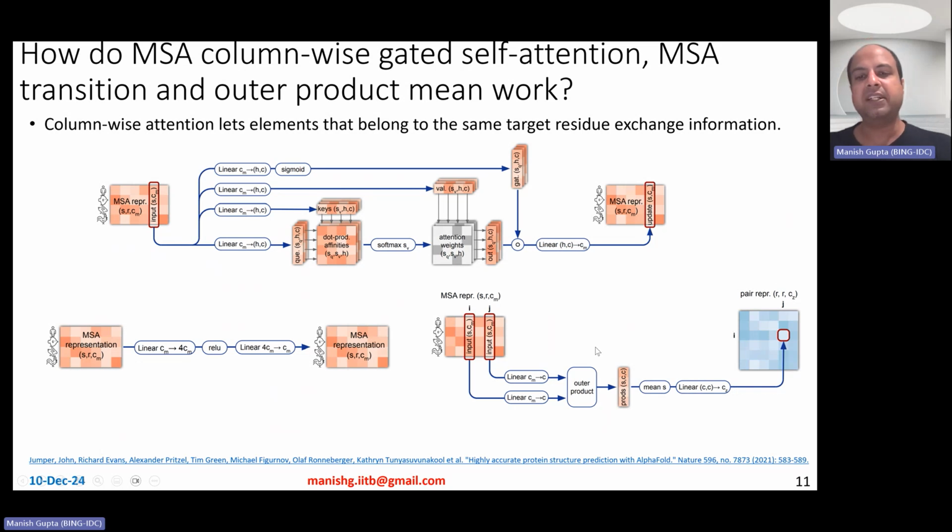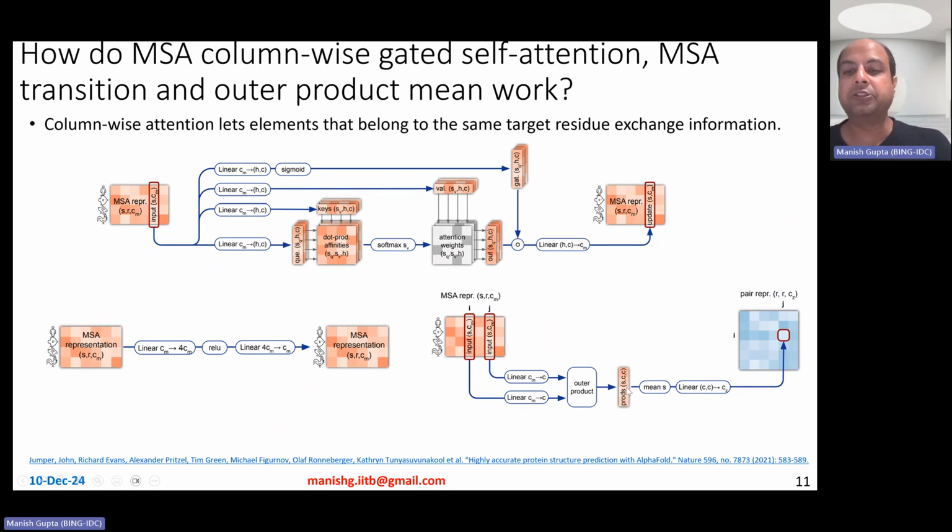You take these two columns, i and j, and remember the dimensionality is S cross R cross CM. You project the CM to C, which means that for both of these columns, what you're left with is an S cross C matrix. This is one S cross C matrix, this is another S cross C matrix. You do an outer product.